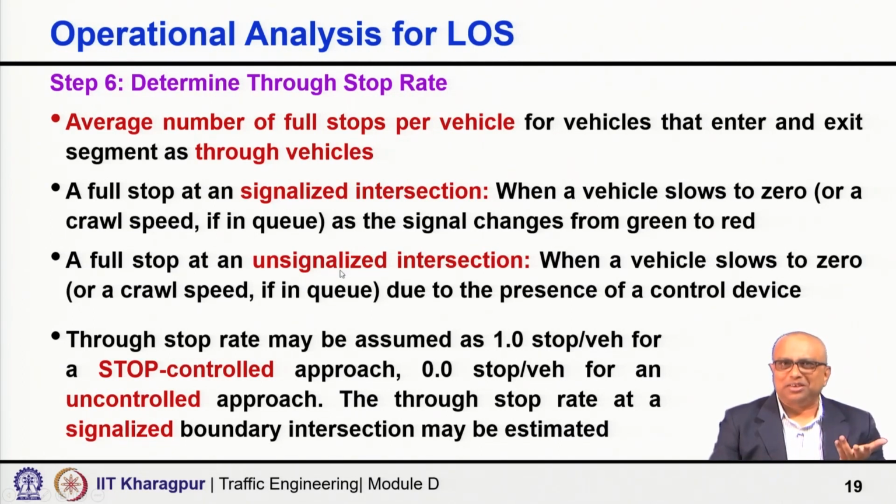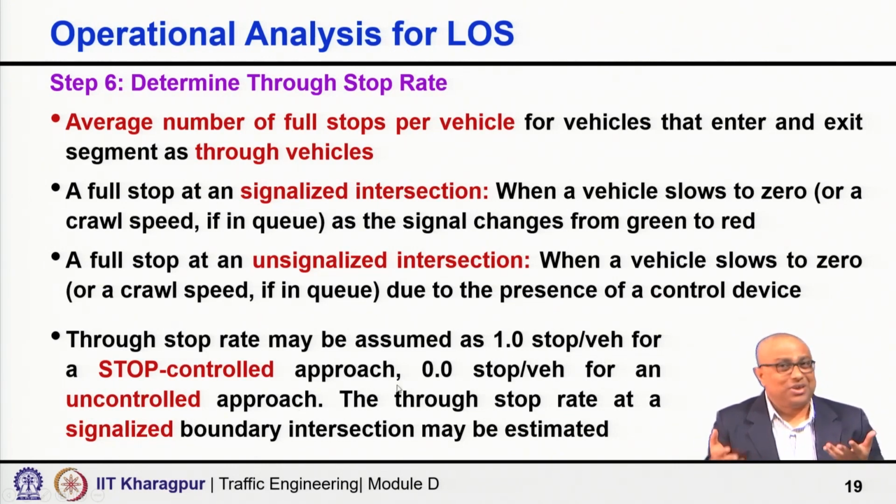In an unsignalized intersection, a full stop may happen when a vehicle slows to 0 or again to a crawl speed if in queue, due to the presence of a control device. You have a stop controlled intersection, not signalized, so it is mandatory for you to stop. How do we take the values? The through stop rate may be assumed as one stop per vehicle for a stop control approach.